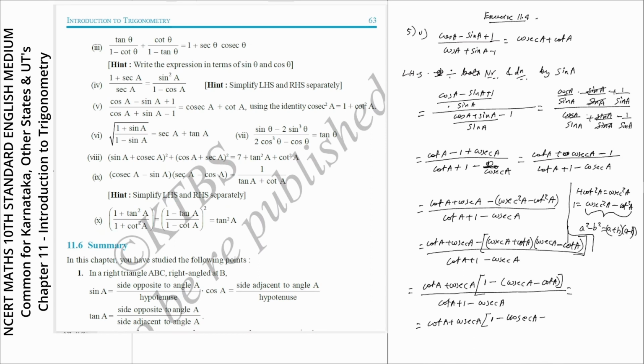Now minus into minus plus cot a I will get, cot a, divided by denominator as it is, cot a plus 1 minus cosecant a. Now you can see I can cancel this and this, both are same. So I am left with cot a plus cosecant a, which is equal to right hand side.